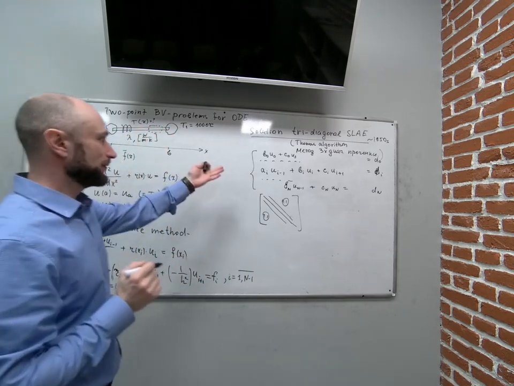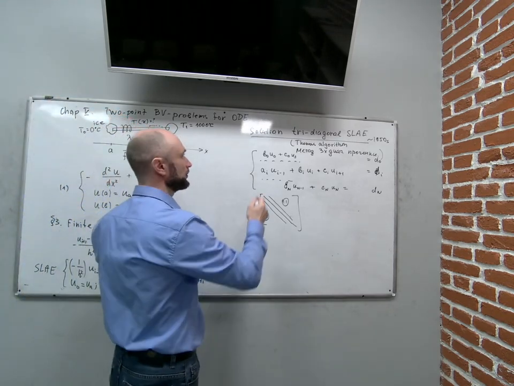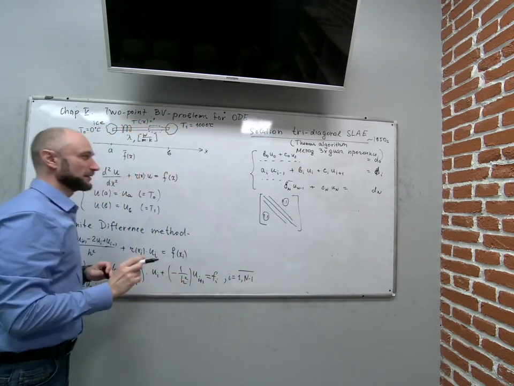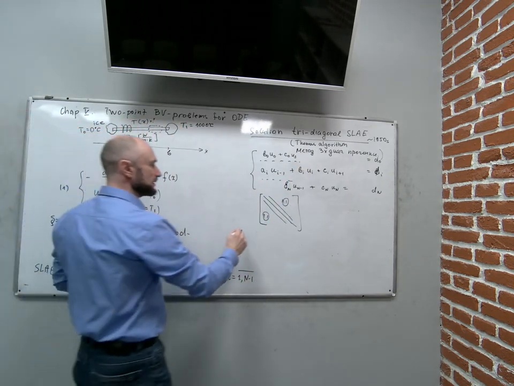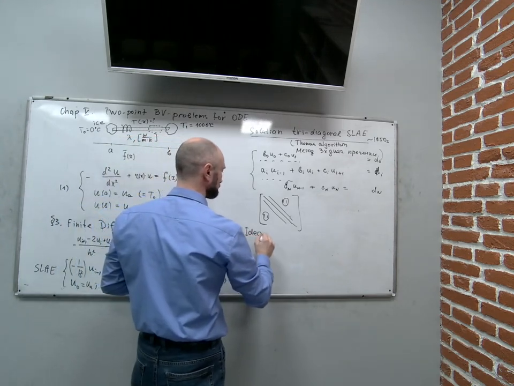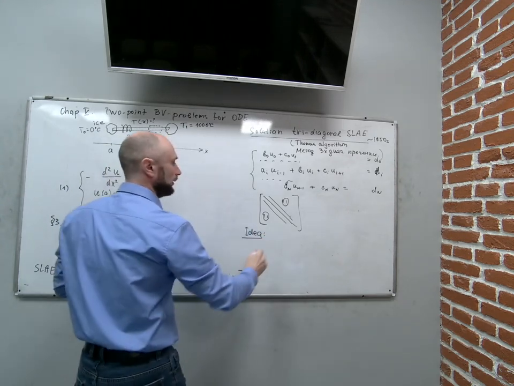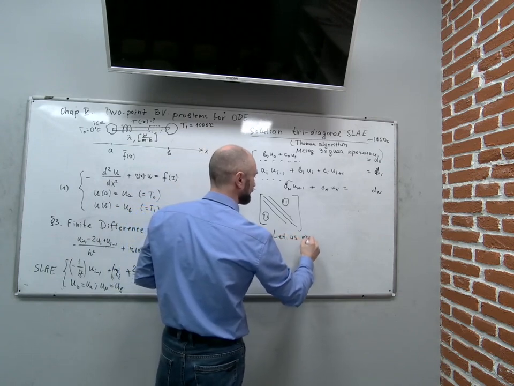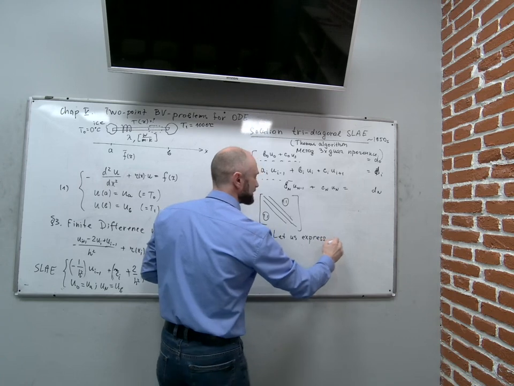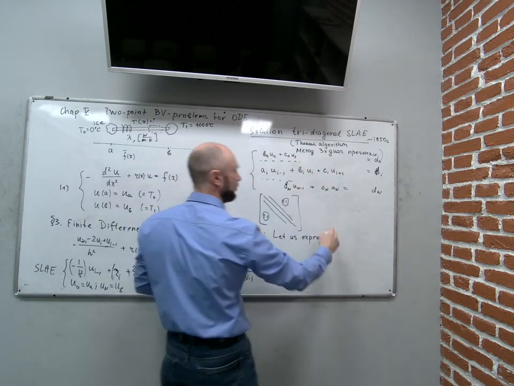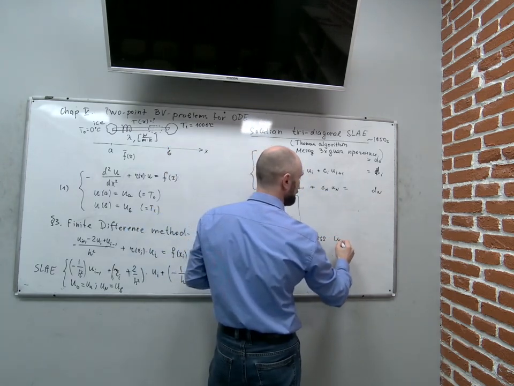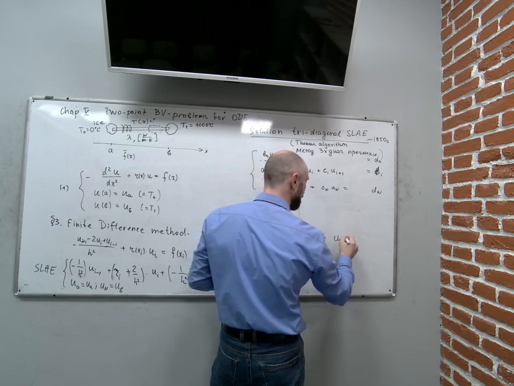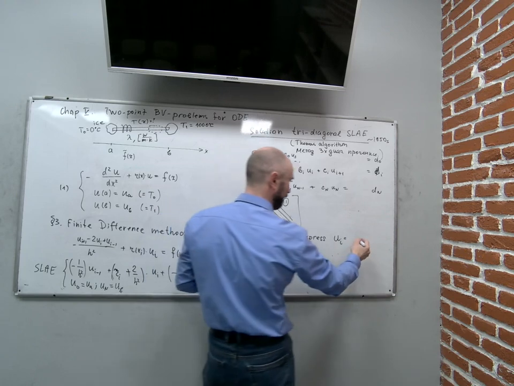How to solve the system of this kind? What is this Thomas algorithm or Gelfand-Lukutsievsky algorithm? The idea is the following. Let us express the ith unknown through the next unknown.